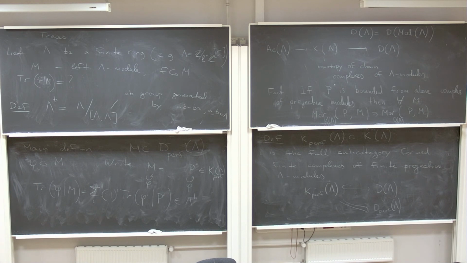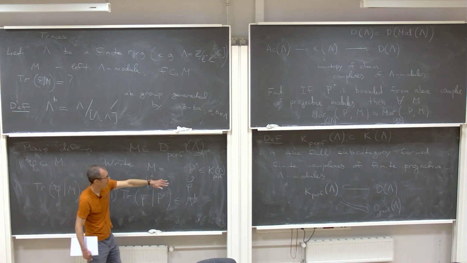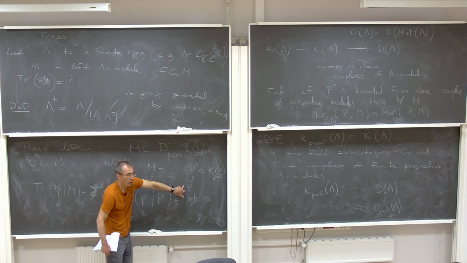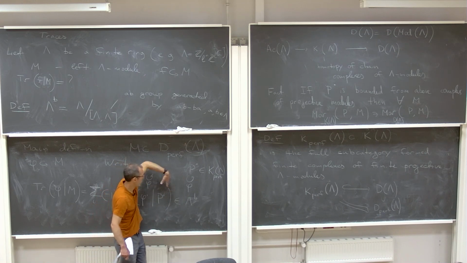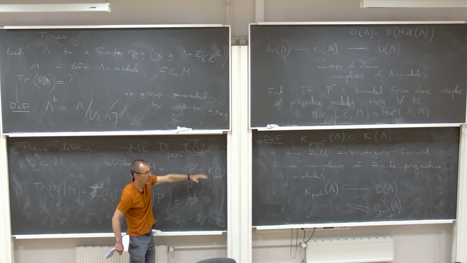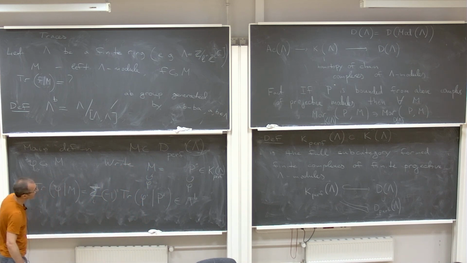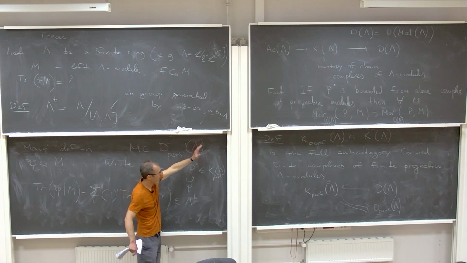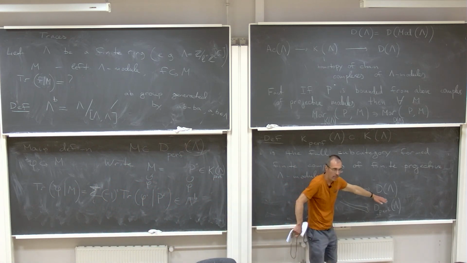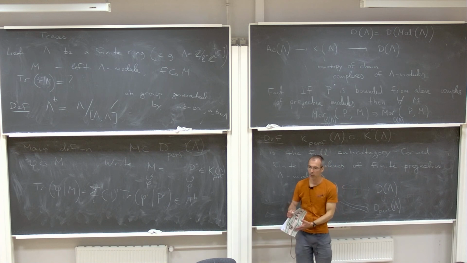So next time I will start by showing that this is indeed well-defined. This phi is defined only up to homotopy, right? So you need to show that homotopy equivalent phis have the same traces and that it doesn't depend on the choice of this representation. And secondly, we will characterize this full subcategory in intrinsic terms, in terms of finite cohomological dimension.